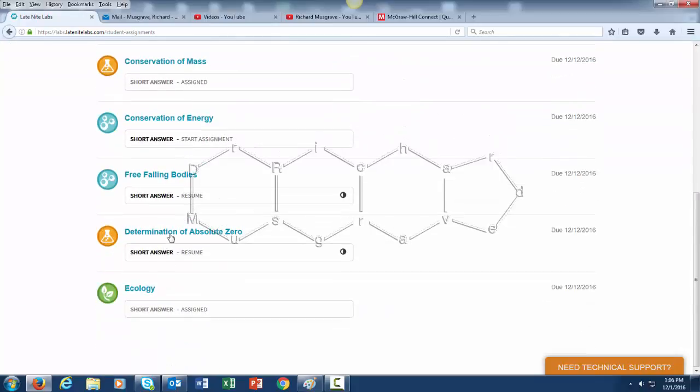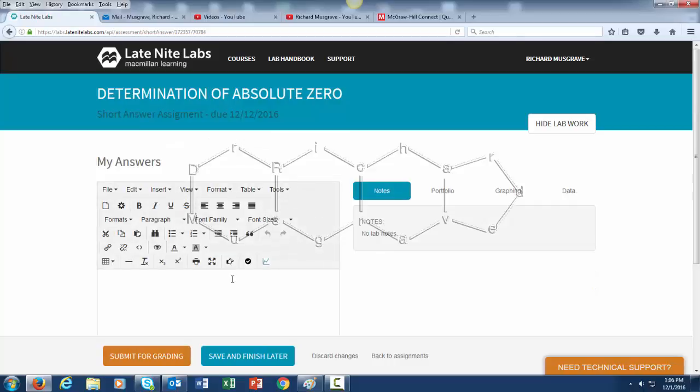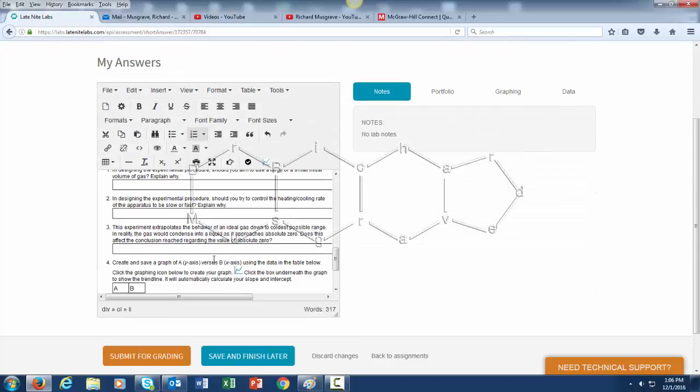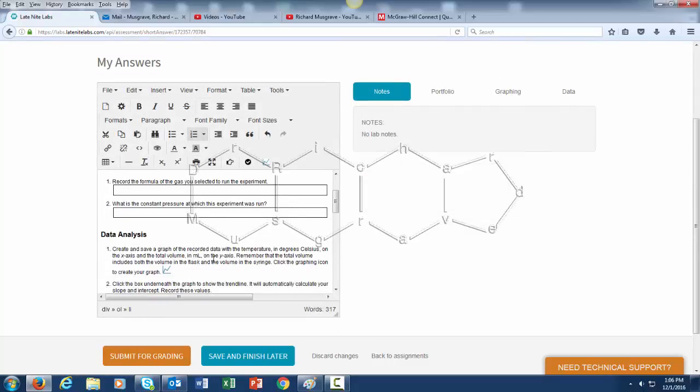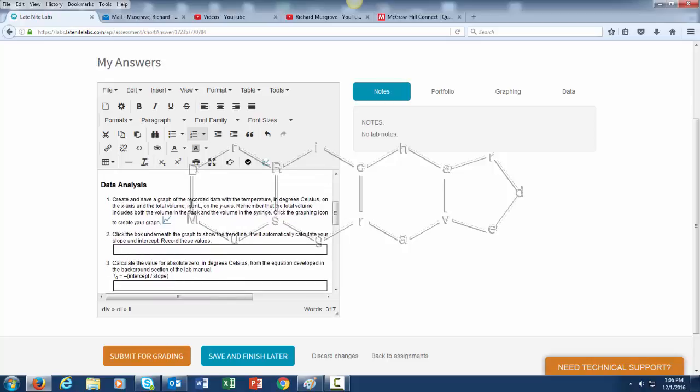As I said, you're going to have a whole lot of other points to put on here. But look what it's asking you to do. It says create and save a graph of the recorded data with the temperature in degrees Celsius on the x-axis and total volume in milliliters on the y-axis. It says remember that the total volume includes both the volume of the flask and the volume in the syringe. So that's why I found that total volume.